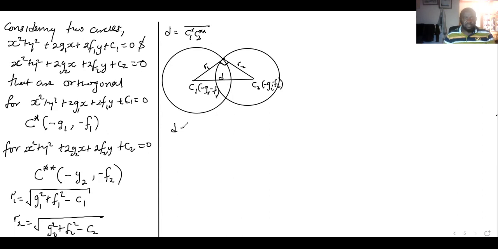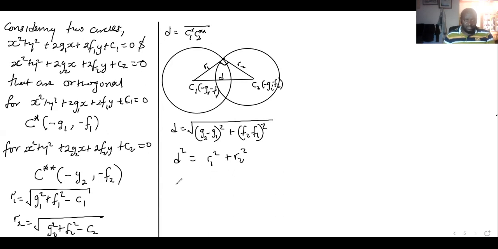So D is going to be equal to the magnitude of the square root of (G2 minus G1) squared plus (F2 minus F1) squared. But remember the definition is D squared is supposed to give us R1 squared plus R2 squared.